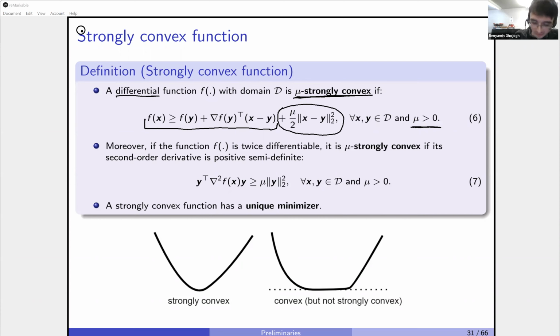Another definition for this is this. When y transpose times the second derivative times y is greater than or equal to mu times the squared L2 norm of y. But what is important for you to understand is its geometrical interpretation. What does it mean? It means that when we say convex, we might have somewhere like this.